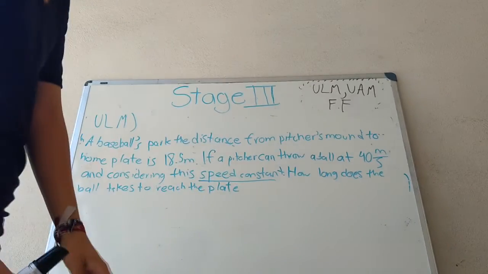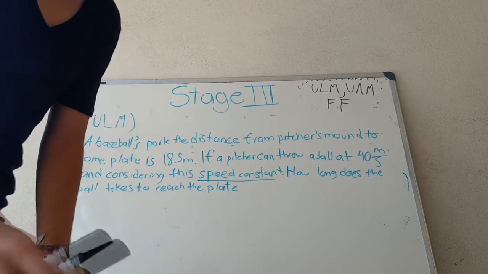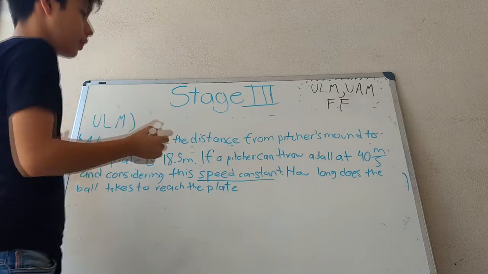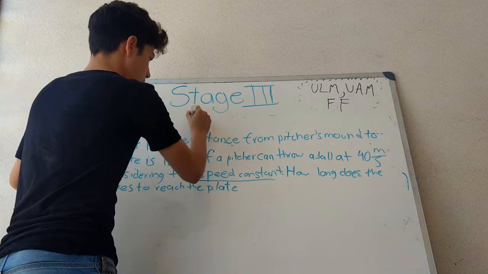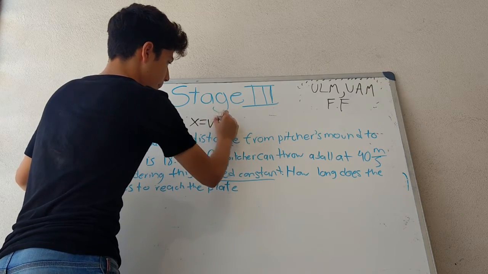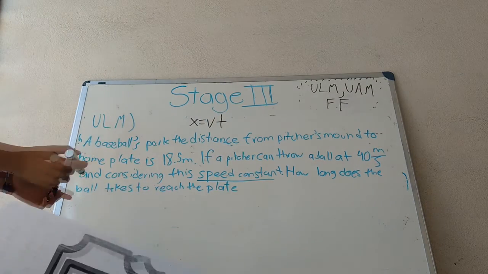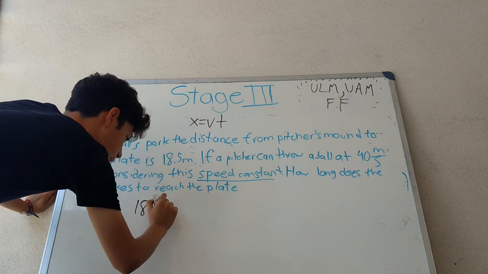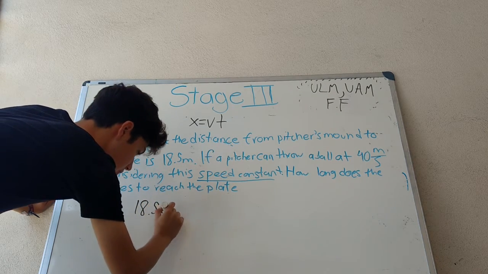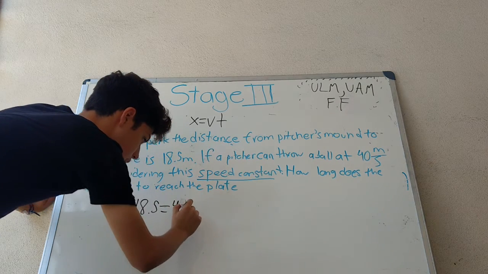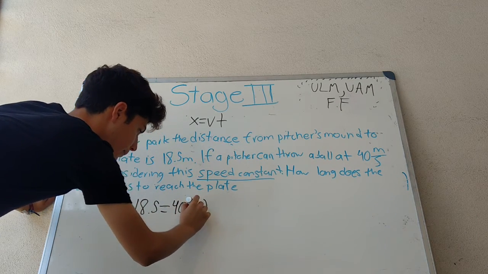The first thing we need to do is to know the formula of ULM. The formula of ULM is distance equals velocity times time. Knowing this, we know that 18.5, because it's meters and it's the distance, is equal to 40 meters per second times time.